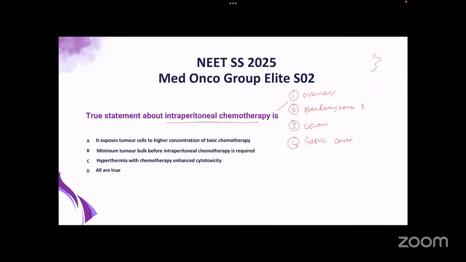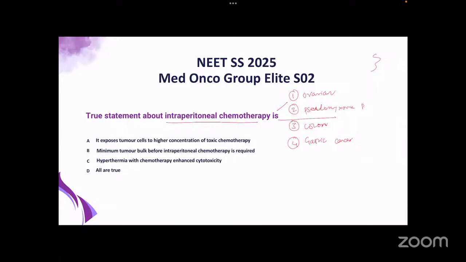These are the common conditions where we use it. In that, we use it for the first and second indications. For the third and fourth indications, the data is not very good. That's the reason we do not use it routinely, only for very selected patients.